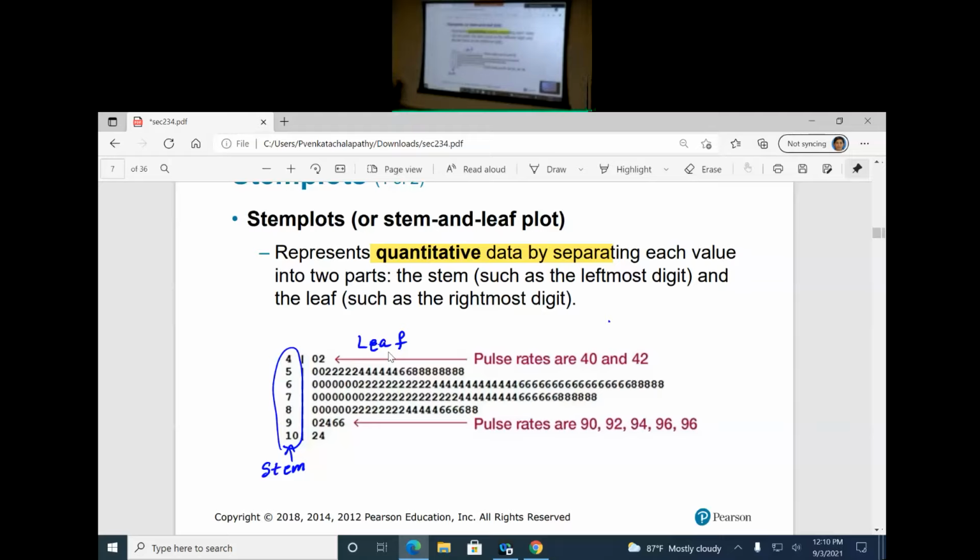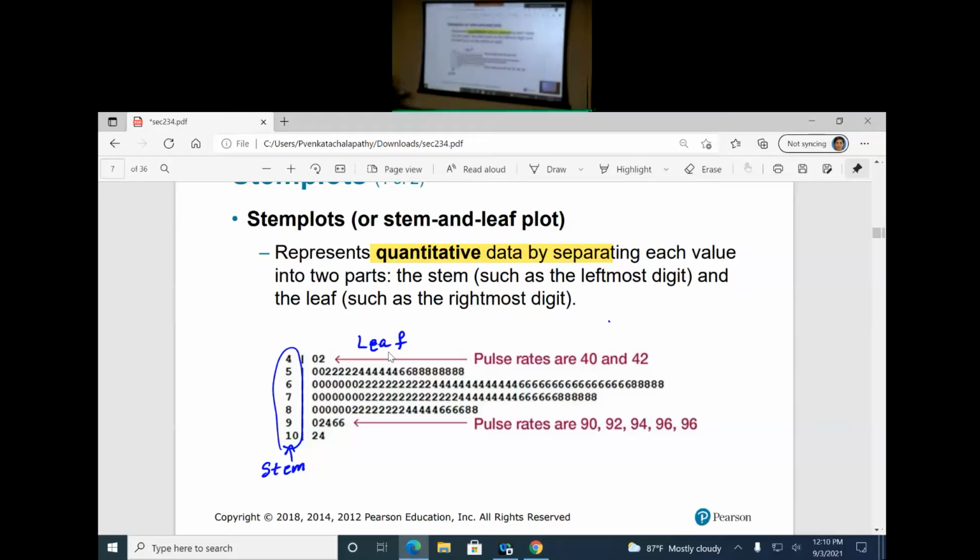Okay, now what if I have something like this? 45, 55, say 66, 78. How do you construct a stem and leaf for this? Stem and leaf. This is my first number. So what is the stem? 4.